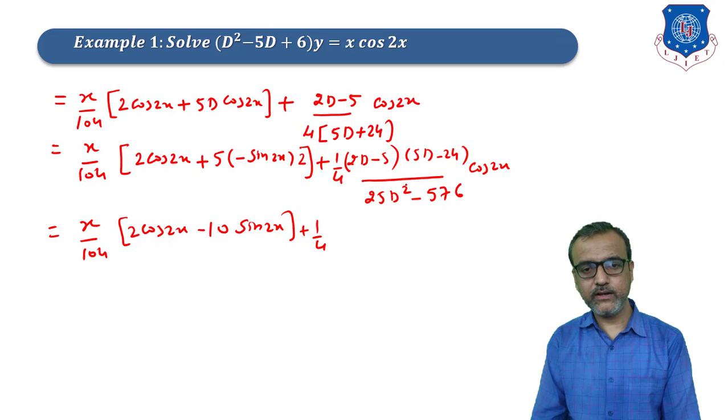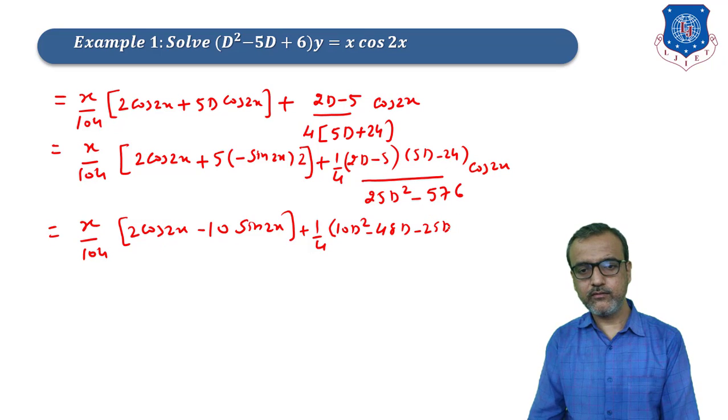So we have 2d into 5d, that is 10d square, 2d into 24, that is minus 48d, minus 5 into minus 5d, that is plus 25d, minus minus plus 5 into 24, that is 120.